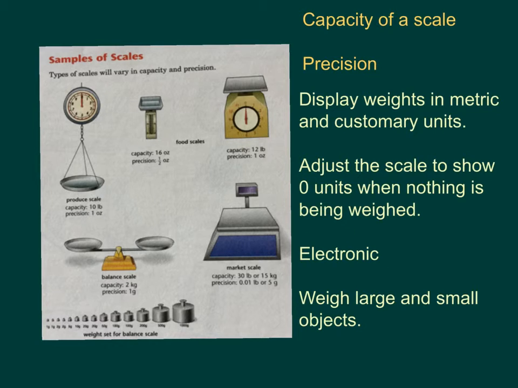Scales can be electronic, like this market scale. Also, scales can be used to weigh large and small objects. So again, I can find the weight of a car, but I can also find the weight of objects that can't even be seen by the human eye. Determining what scale I use to take these measurements depends on the precision of the scale.